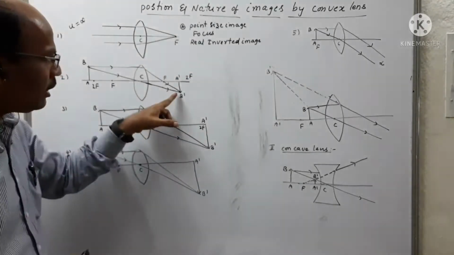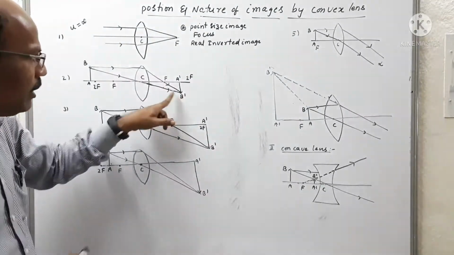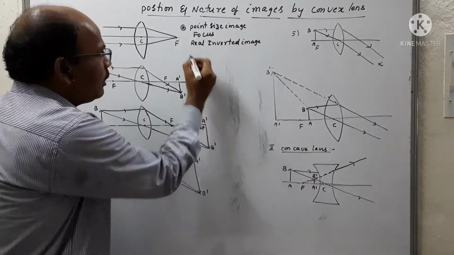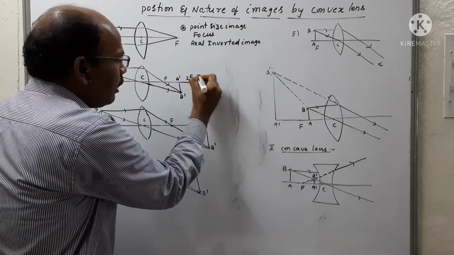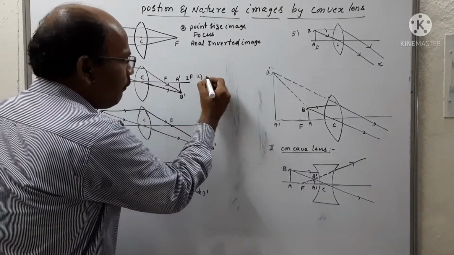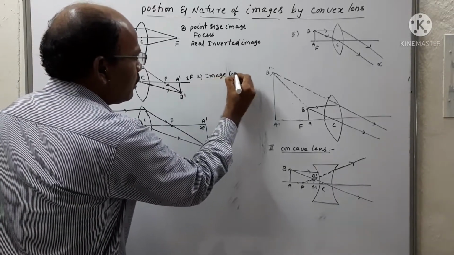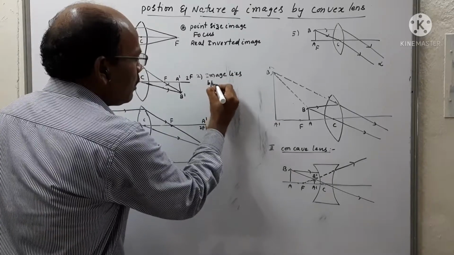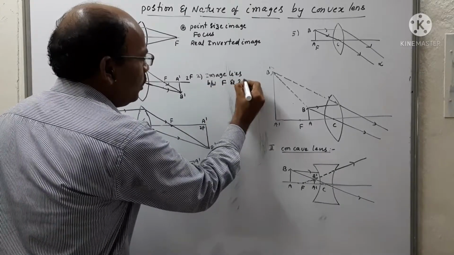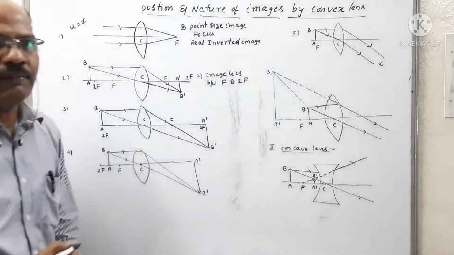These two are intersecting at this point and form image A dash B dash. Here the image lies between F and 2F. So this is the position of image.